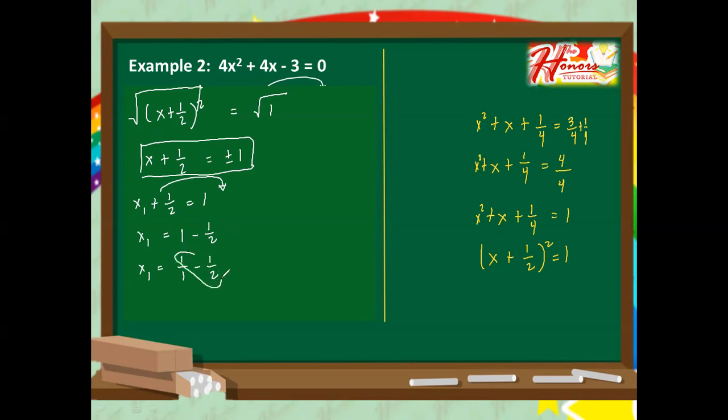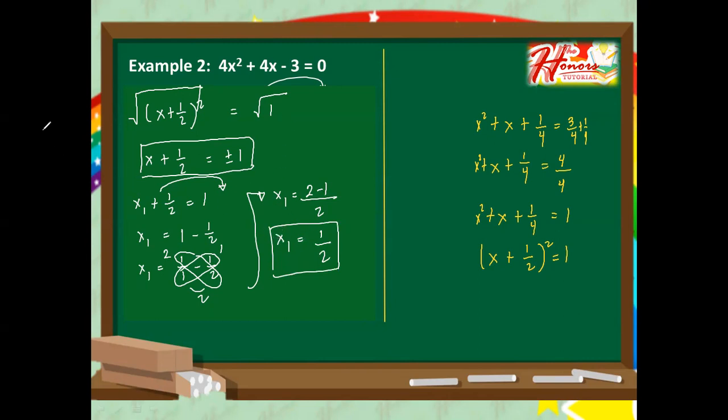Let's have this. 1 times 2 is 2. 1 times 1 is 1. 1 times 2 is 2. Then it will become x sub 1 equals 2 minus 1 over 2. So x sub 1 is equal to 2 minus 1, that's 1 over 2. And that's it for x sub 1.